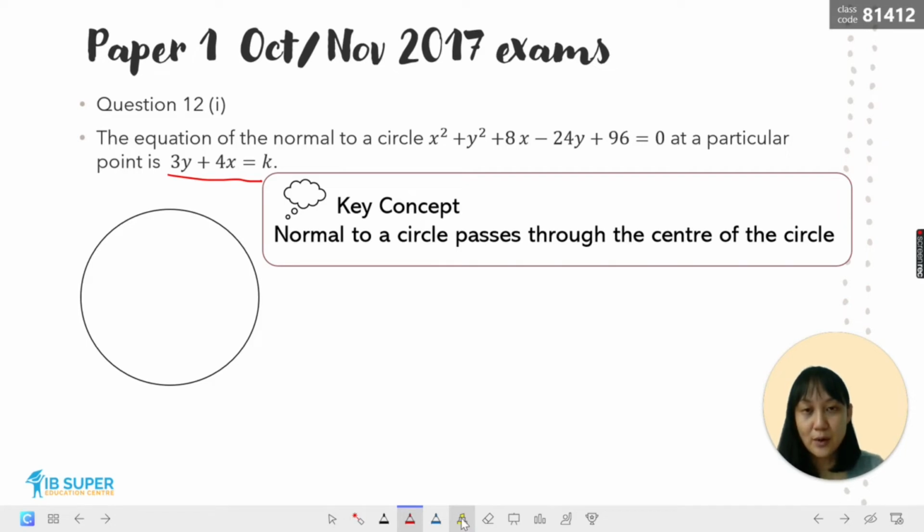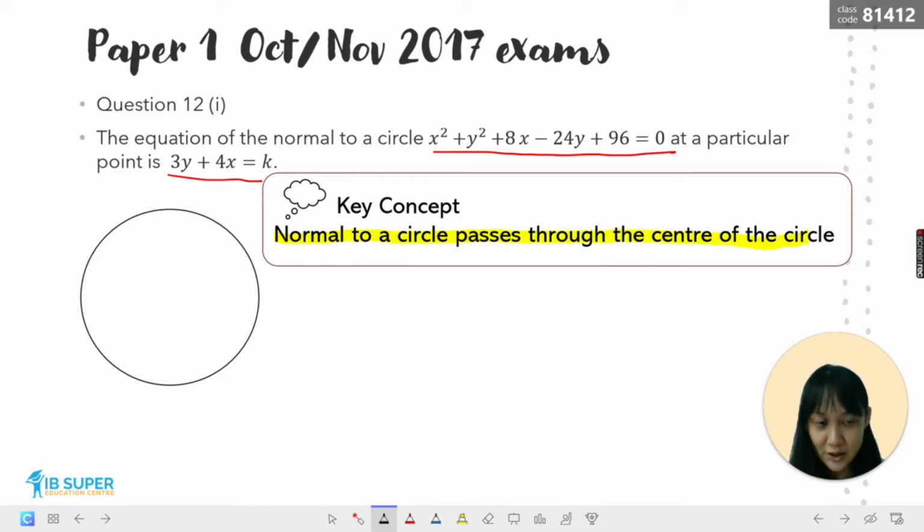Most students have no problem expressing this in the equation of a circle. However, a lot of students did not know that the normal to a circle actually passes through the center of the circle. This is a very important piece of information to know because it will make the solution a lot easier.